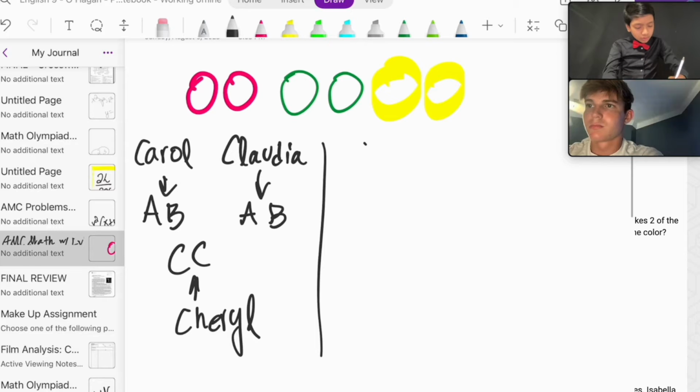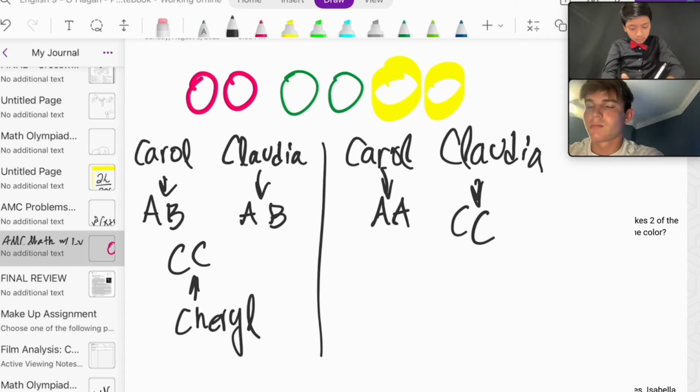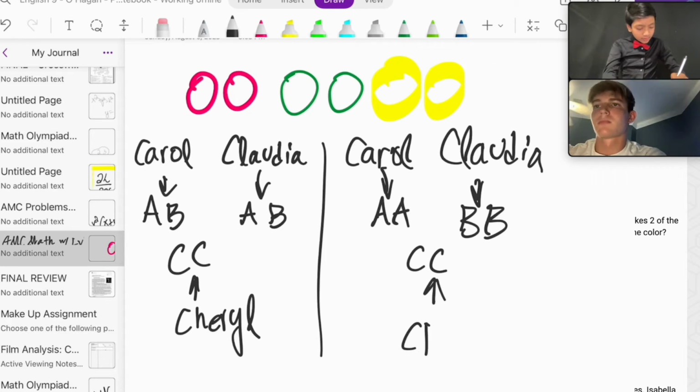And case 2, Carol takes 2 marbles of the same color, Claudia takes 2 marbles of the same color, which once again leaves Cheryl with 2 marbles of the same color.